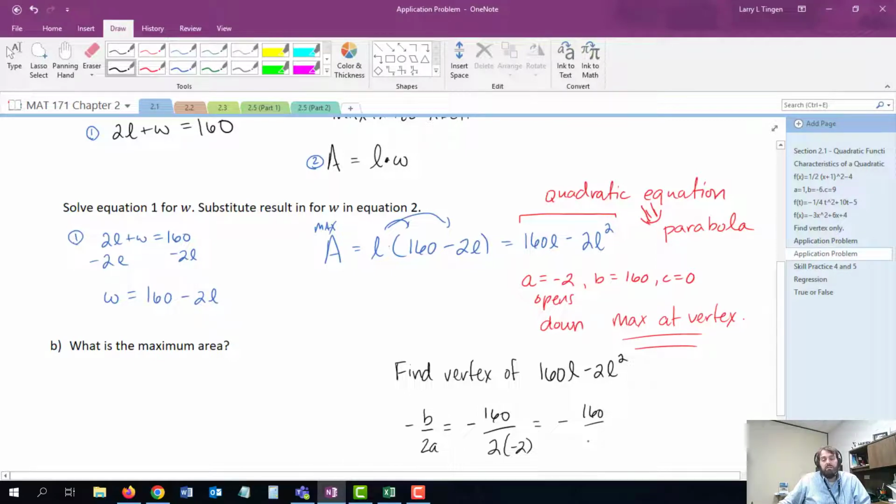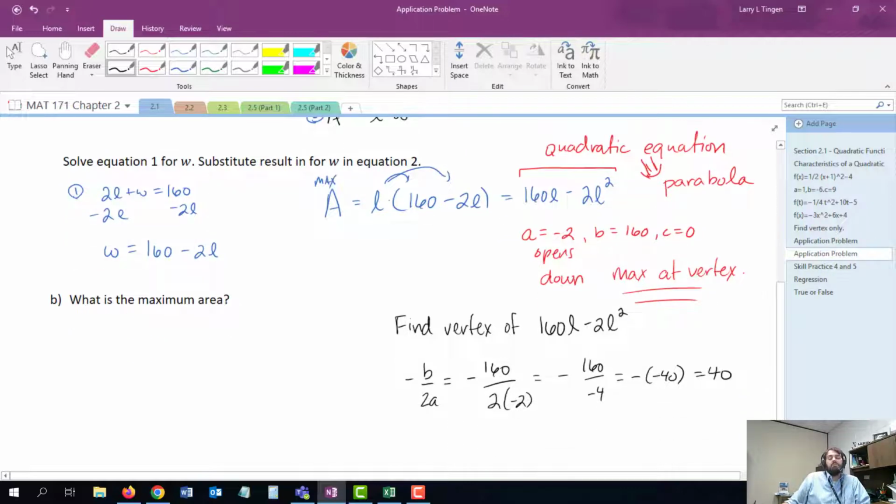That is -160 over -4. Sorry, I added a 0 there for no reason. -160 divided by -4 is 40. So there's the x-coordinate of the vertex. Okay. So that's L.